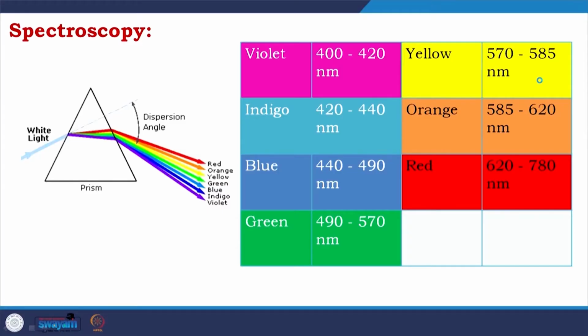If you see spectroscopy, you will see the prism, and white light comes here and undergoes dispersion at an angle.